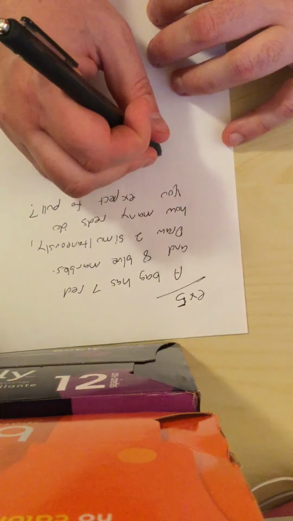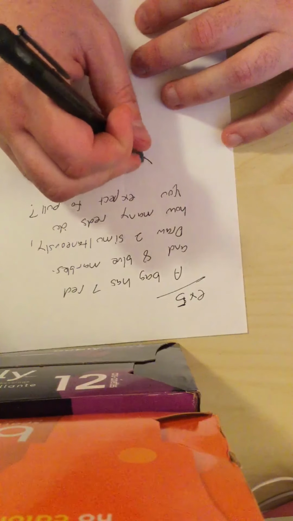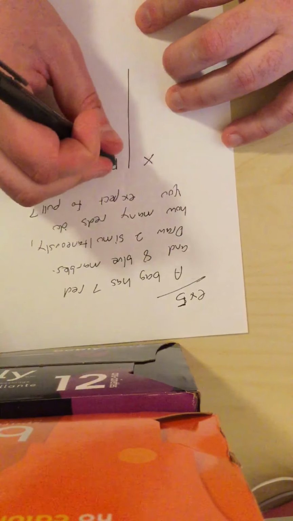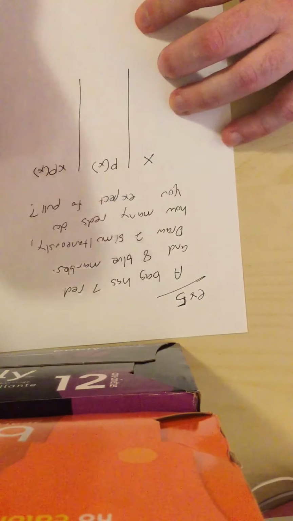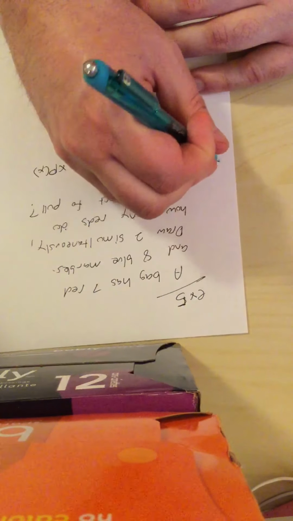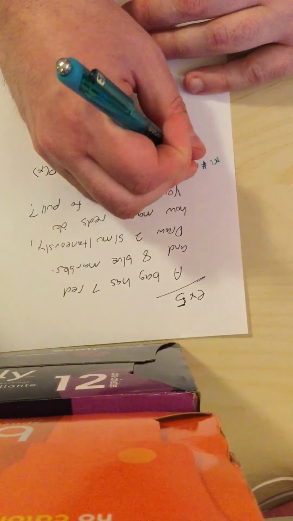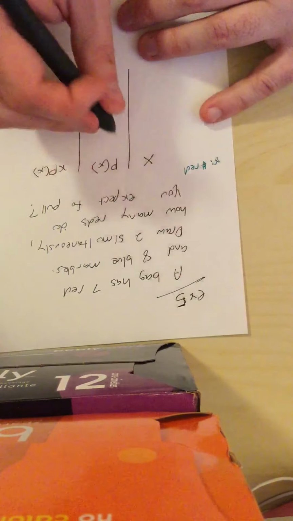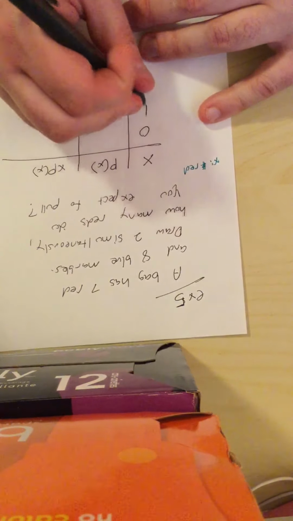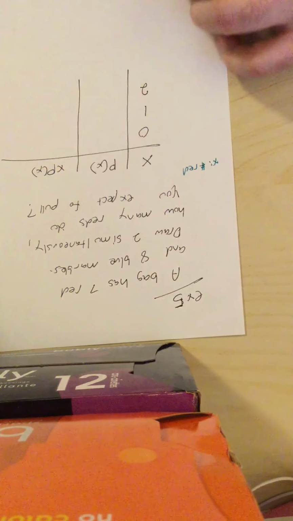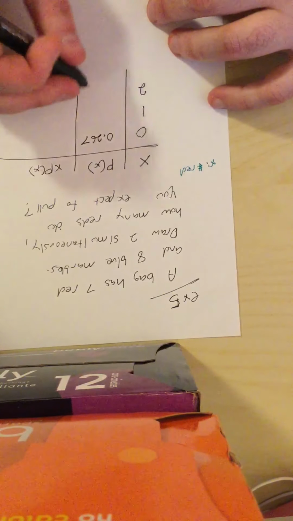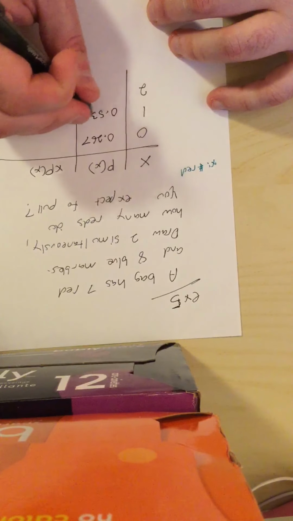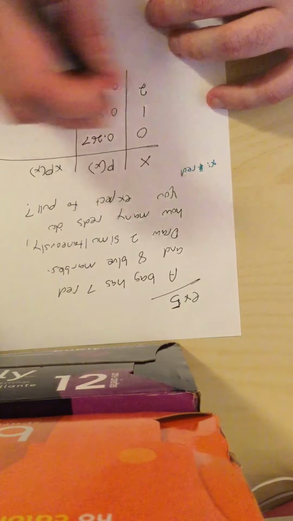From the last lesson, if X is the number of red marbles, so X is going to be the number of reds, from the probability distribution lesson, the probabilities were 0.267, 0.533, and 0.2.